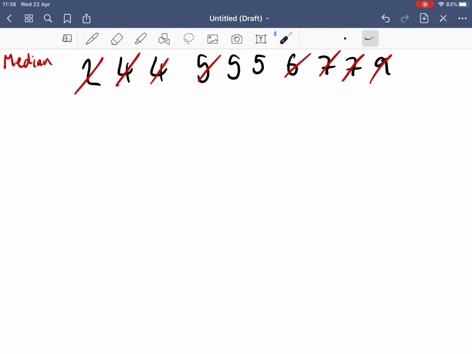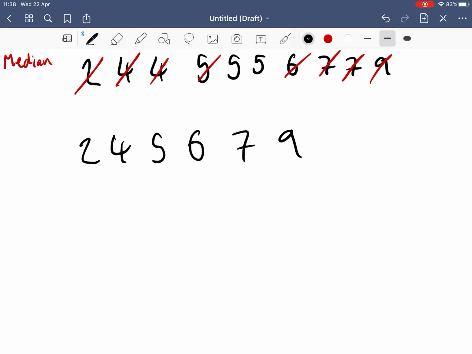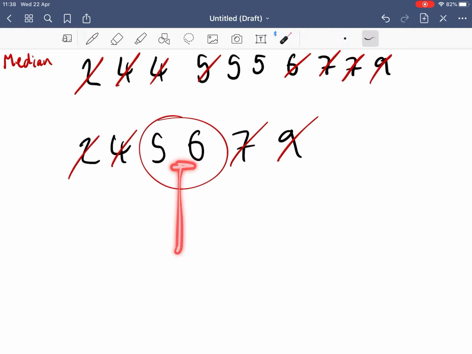Now, if we had this, but it was slightly different numbers, let's see. Let's add 2, our 4, our 5, our 6s, our 7s, and our 9. And let's cross them off again. 2 and 9, 4 and 7, 5 and 6 we're left with. We now need to work out what is in the middle of 5 and 6.